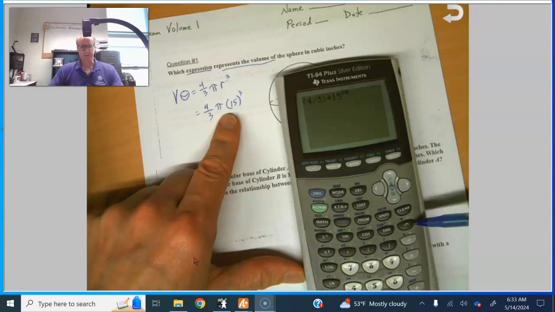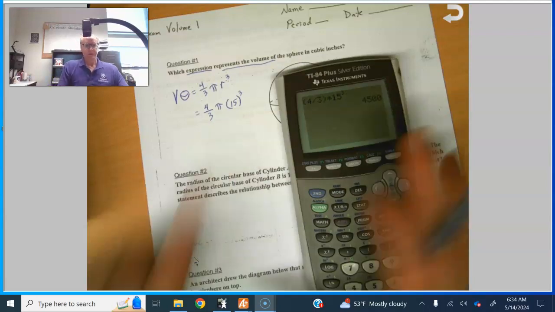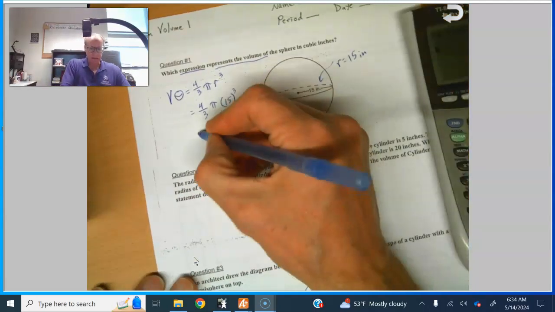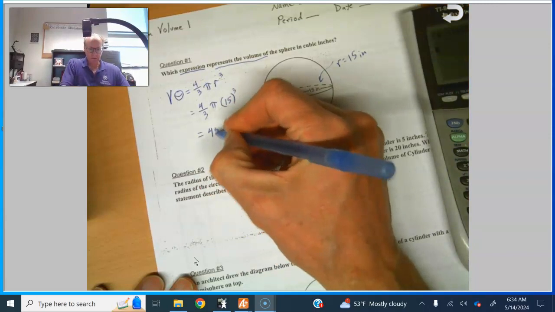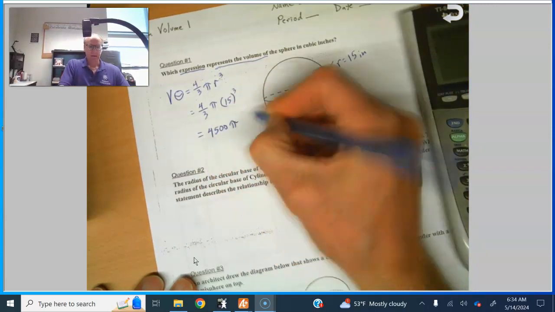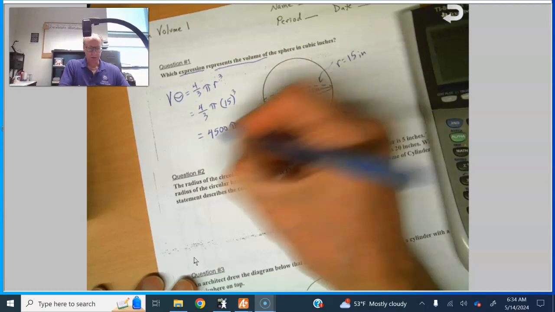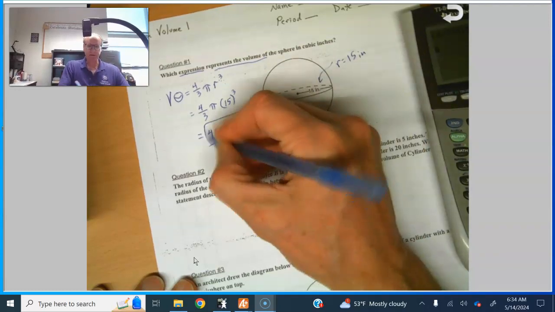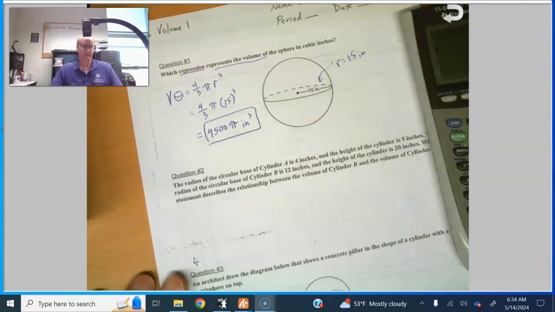The raised to button is right here. This means to the power of. That's going to give me a number, 4,500. So I didn't put the pi yet. This is 4,500 pi inches cubed.